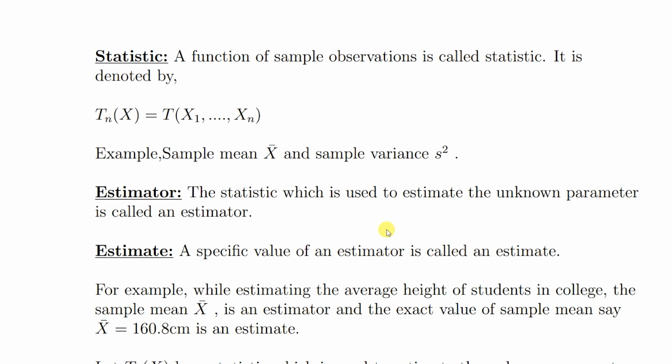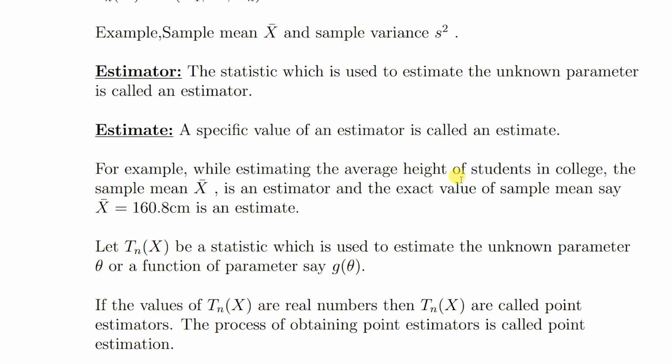For example, while estimating the average height of students in a college, the sample mean x bar is an estimator, and the exact value of the sample mean, say x bar equal to 160.8, is the estimate.